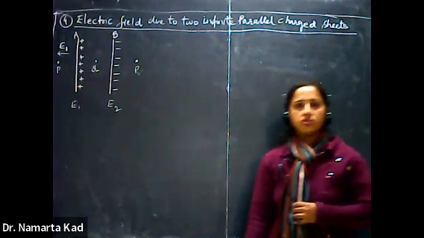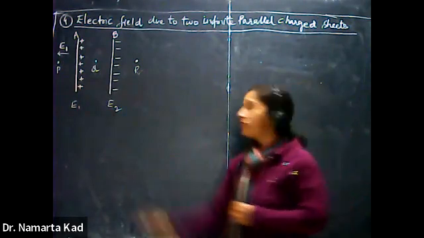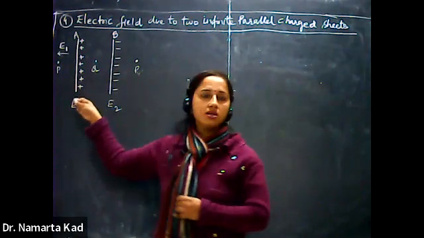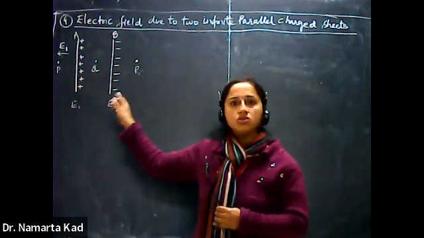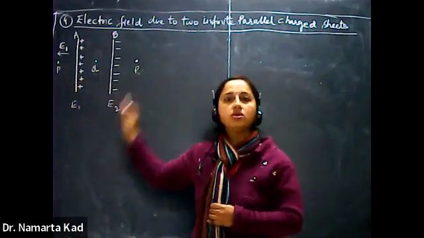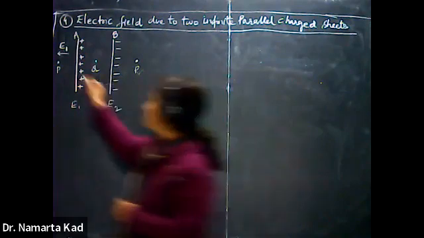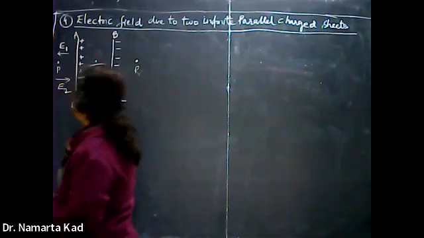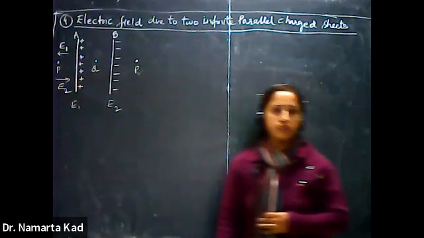And what is the direction for E2? As the negative charge is on sheet B, for E2 it is converging, towards the negative charge. This is the direction for the E2 vector.